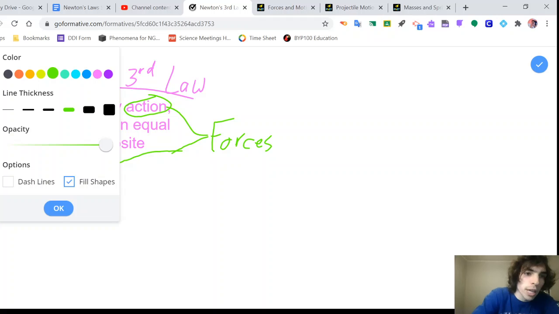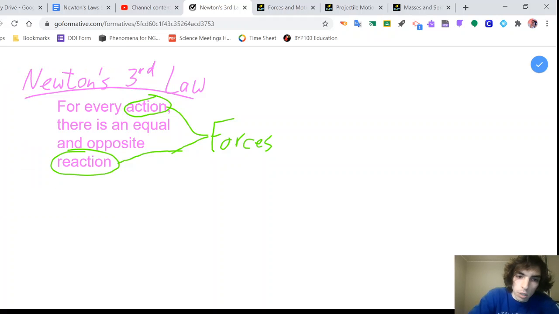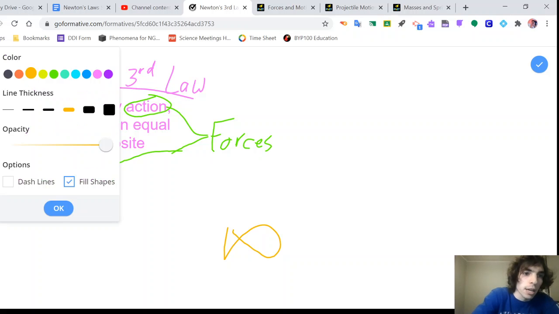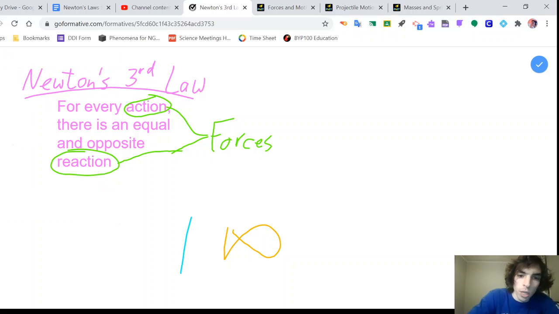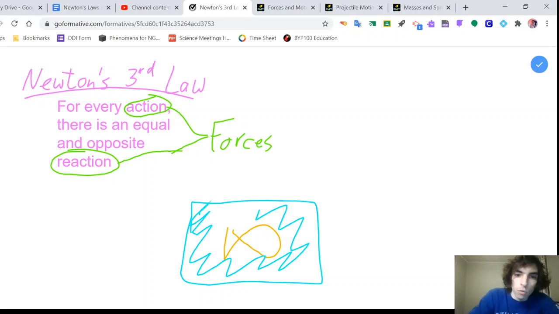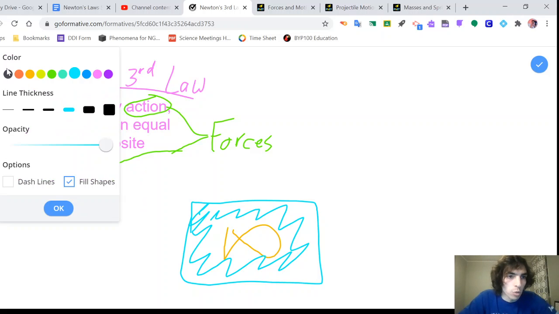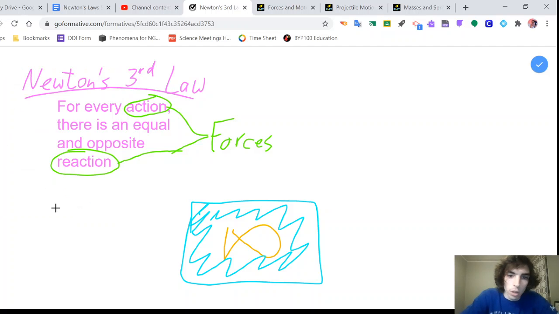So if we look at one example to start off, let's say that we have a fish swimming in water. If we think about how a fish actually swims forward, and forward, I'm assuming here, means to the right, I guess that's the direction that our fish here is facing.